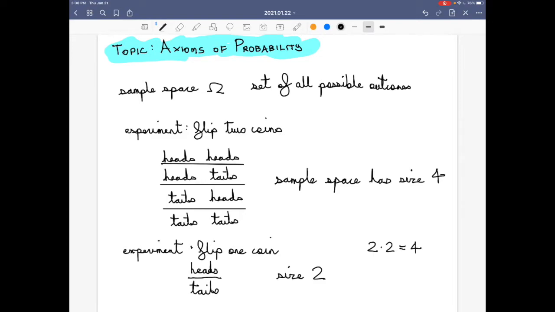And we can see a particular manifestation of the principle of successive experiments here, in that if you think of flipping 2 coins as flipping 1 coin and then flipping another coin, you should expect that 2 times 2 is 4, which is something we can think of as an extremely simple example of verification that our theoretical structure is plausible.